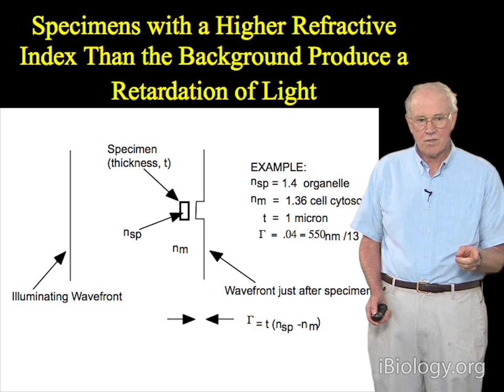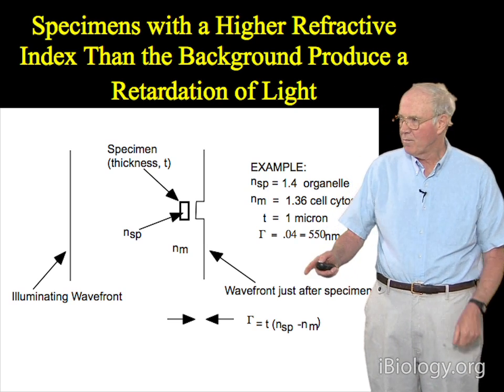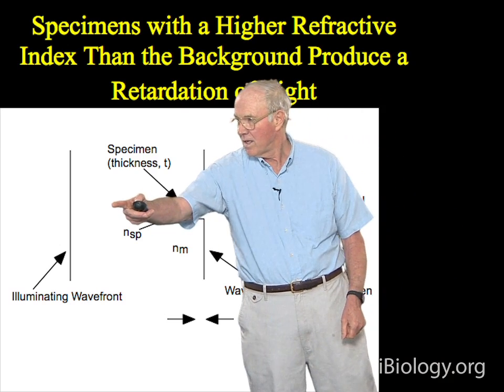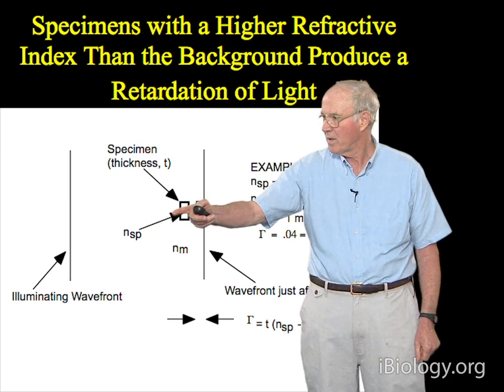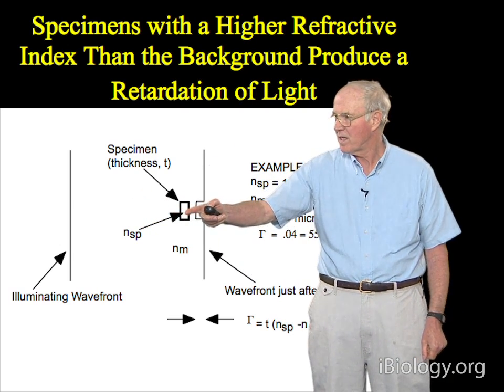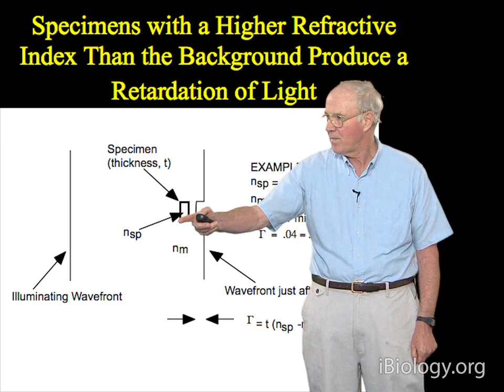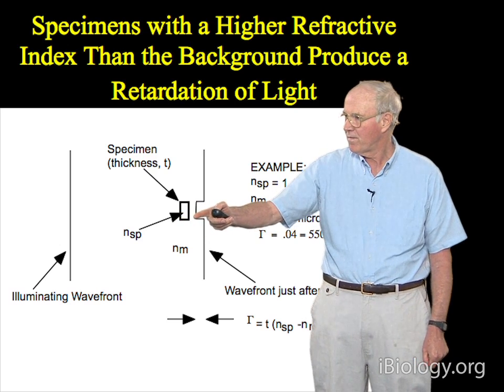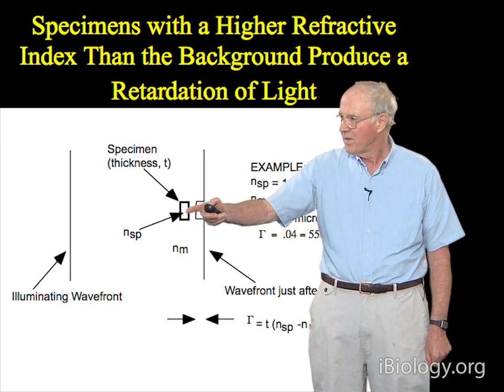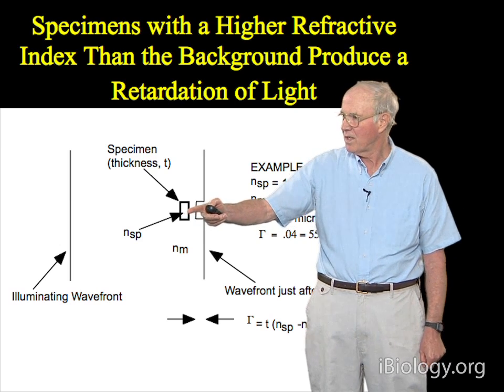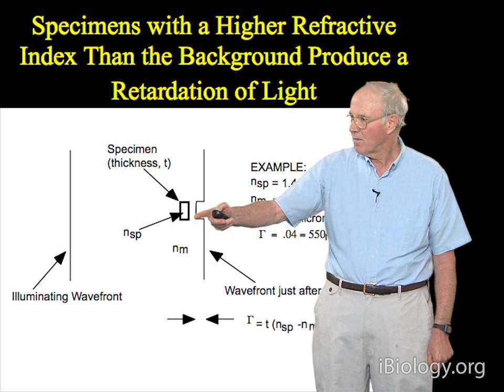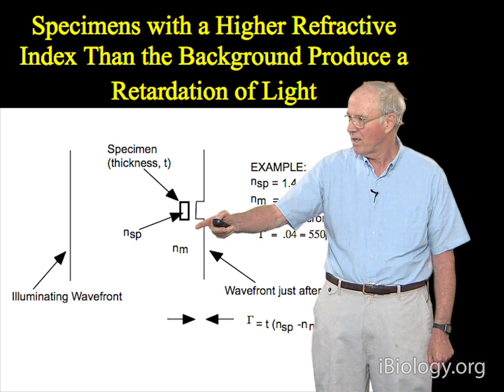And this is shown in this drawing here, where we have a plane wave illuminating front coming along and hitting our little transparent specimen, a very thin specimen, which has a refractive index bigger than the background. If we look at that wavefront just past that specimen, it has been delayed by the fact that the higher refractive index has slowed down that wavefront relative to the wavefront in the background medium.